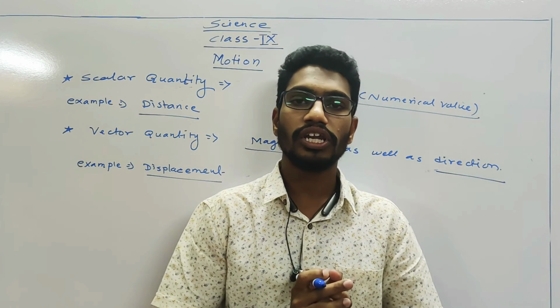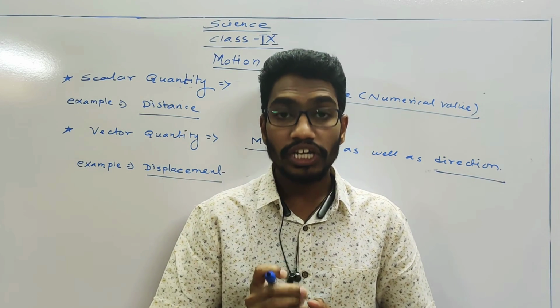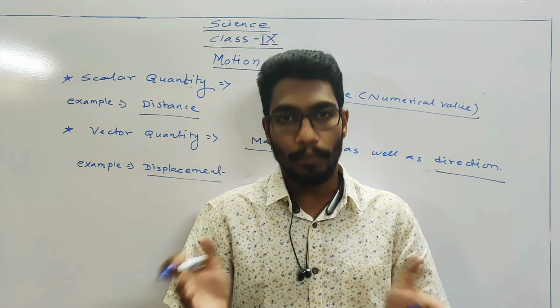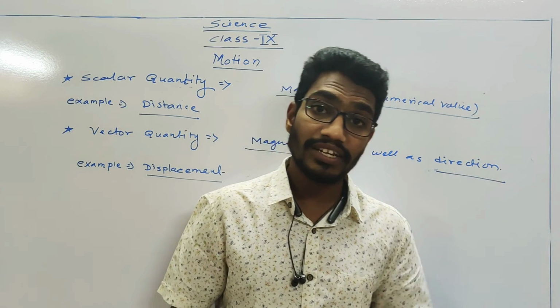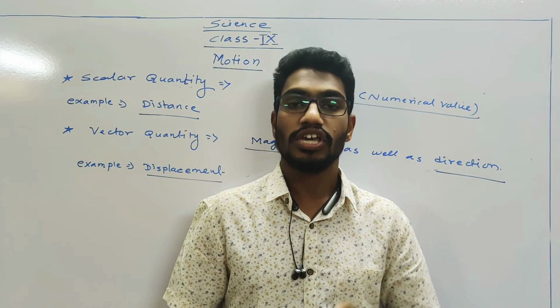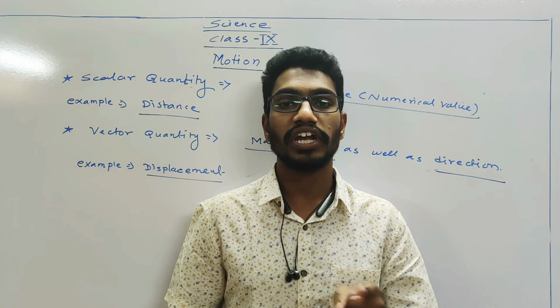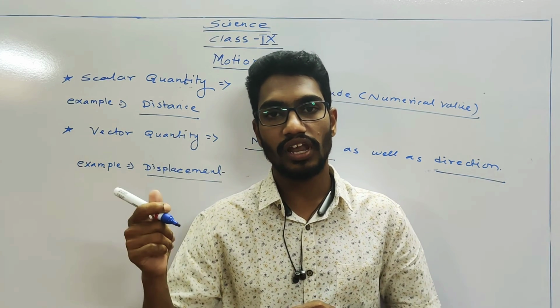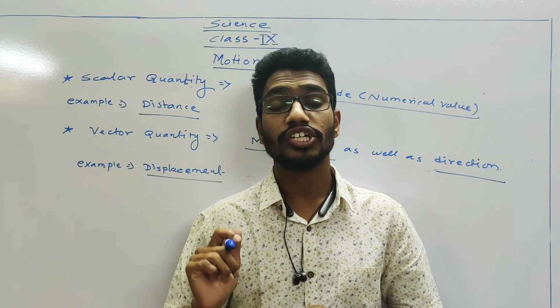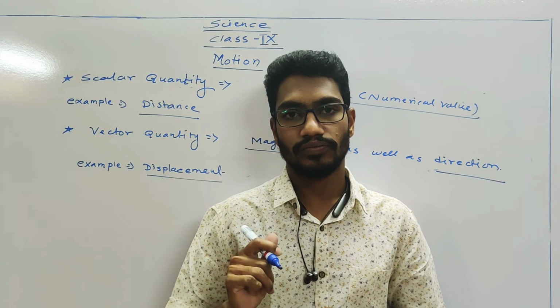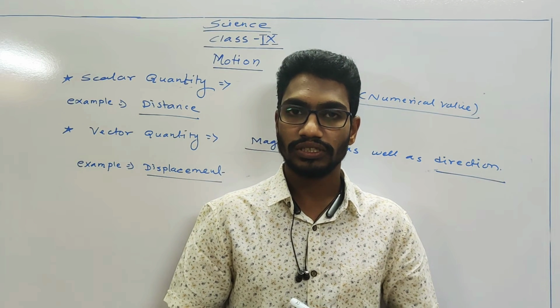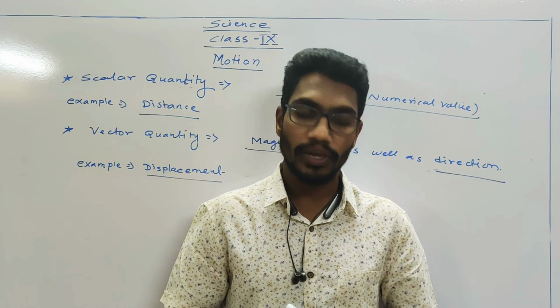And what is a vector quantity? The quantities which are completely described by magnitude as well as direction are called vector quantities. So your distance is scalar and displacement is vector. Done up to this? Yes or no? Okay.